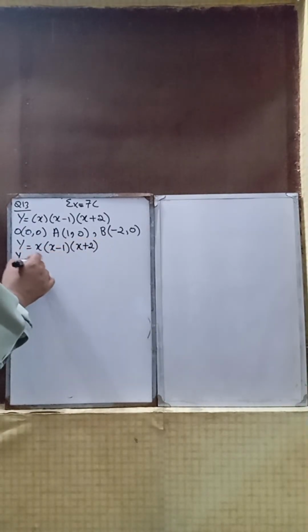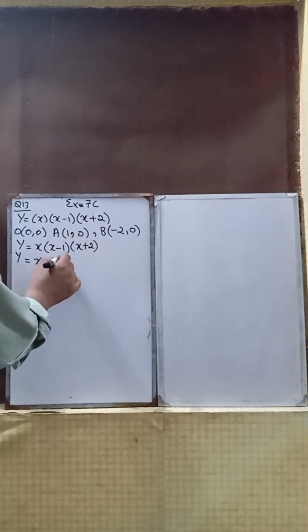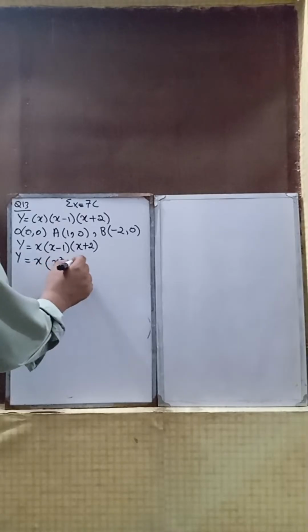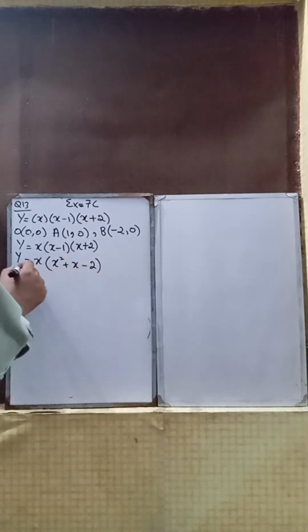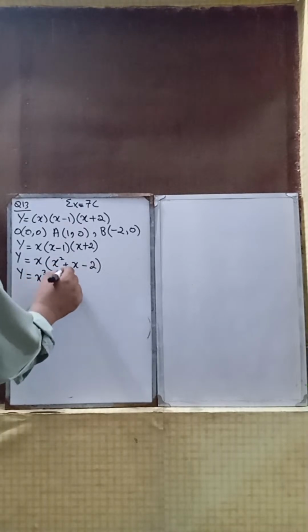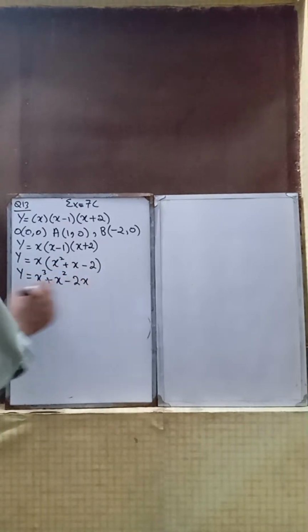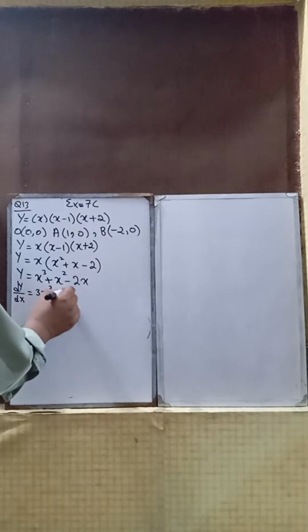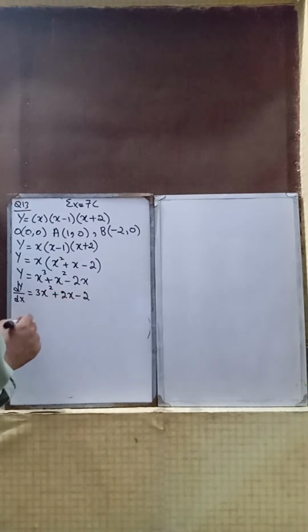This will become x into x square plus 2x minus x minus 2, so it will become x cube plus x square minus 2x. Then I will differentiate it. dy by dx will be equal to 3x square plus 2x minus 2.